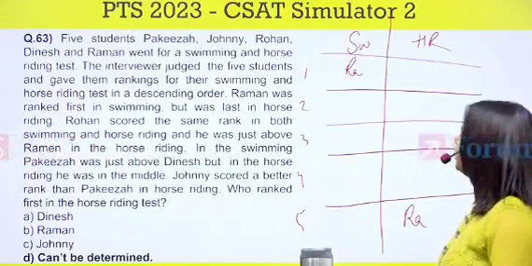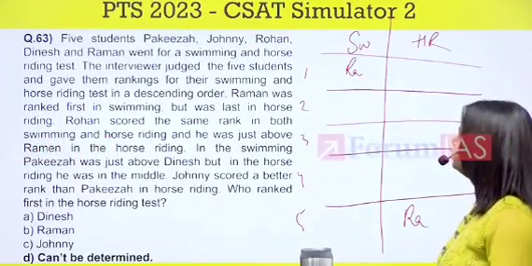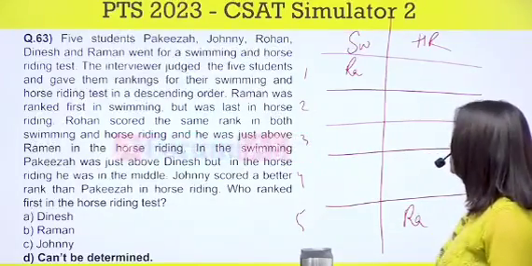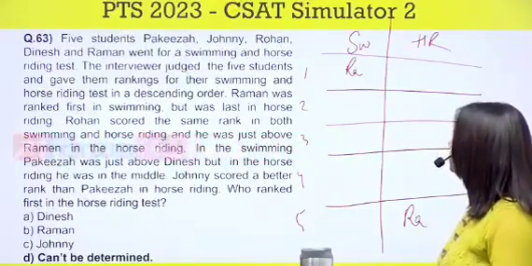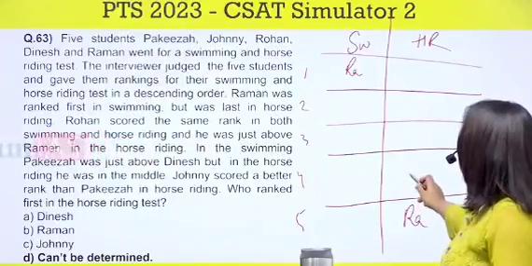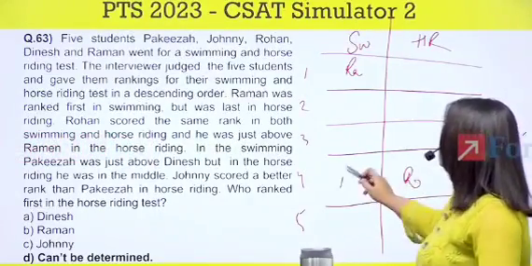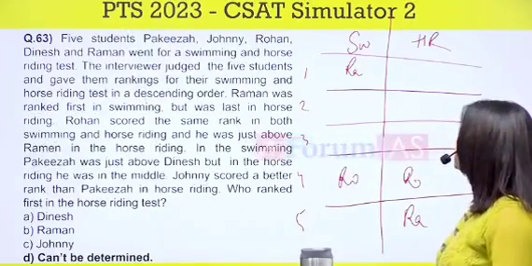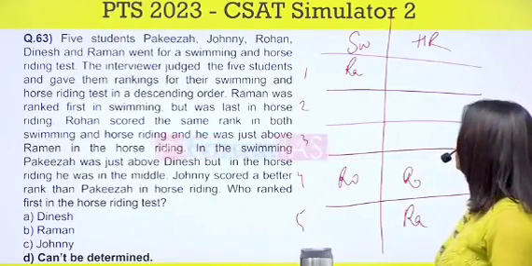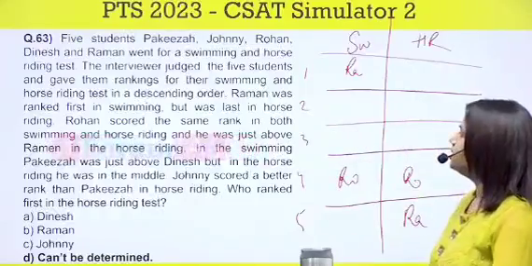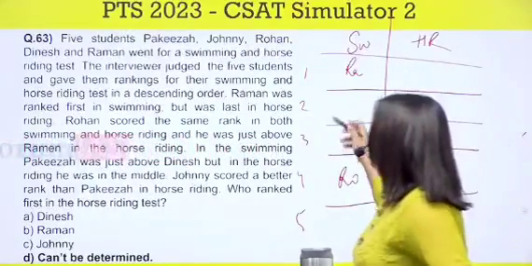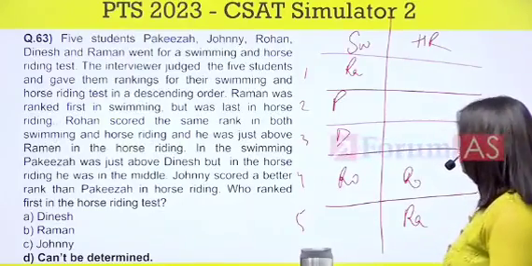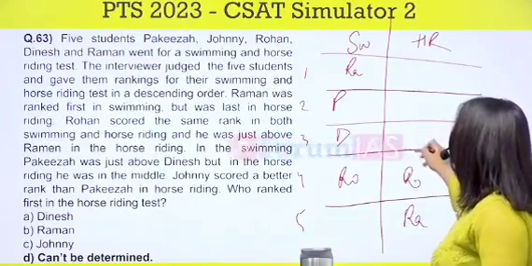Then, Rohan scored the same rank in both horse riding and swimming, and he was just above Raman in horse riding. So if Rohan was here, he got the same rank in both these things. In swimming, Pakiza was just above Dinesh. In swimming, I just have one pair where they can be one on top of the other. But in horse riding, Pakiza was in the middle.